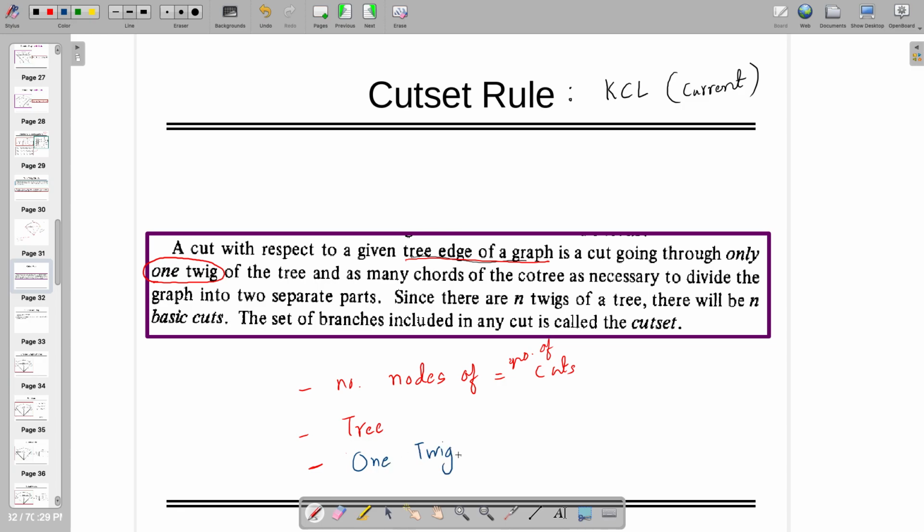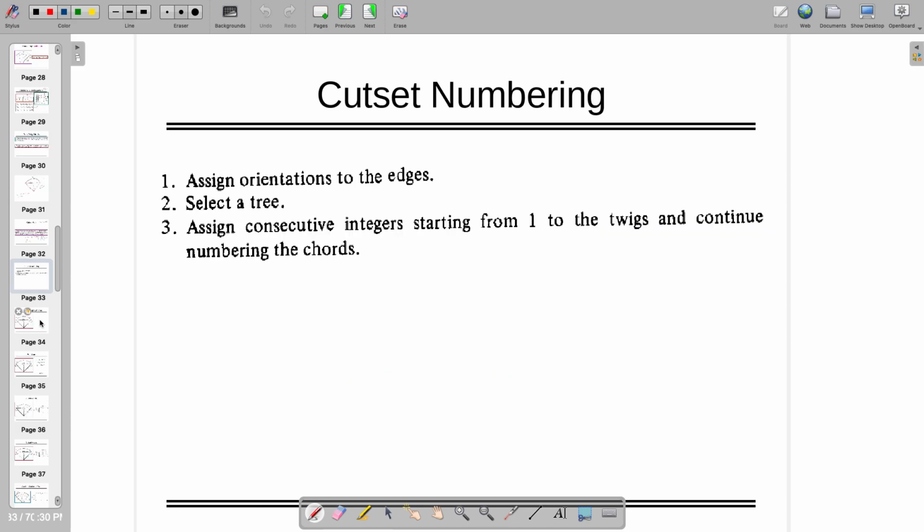Otherwise, you cannot take any other twig. One more thing on top of this, the direction of the cut has to be in the same direction of the twig. This was one modification which I told. So it's not arbitrary, it's in the same direction of twig. And in a single cut you will have only one twig and others will be chords or co-tree.